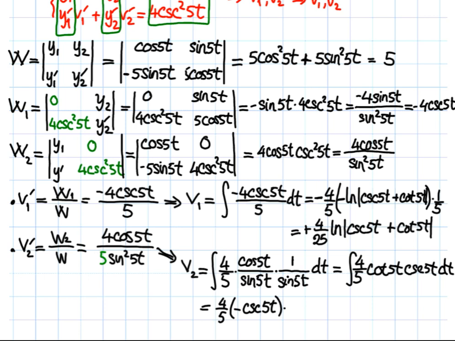Except with substitution, we should have 1/5 because this is 5t here. So we have negative 4 over 25 cosecant 5t.